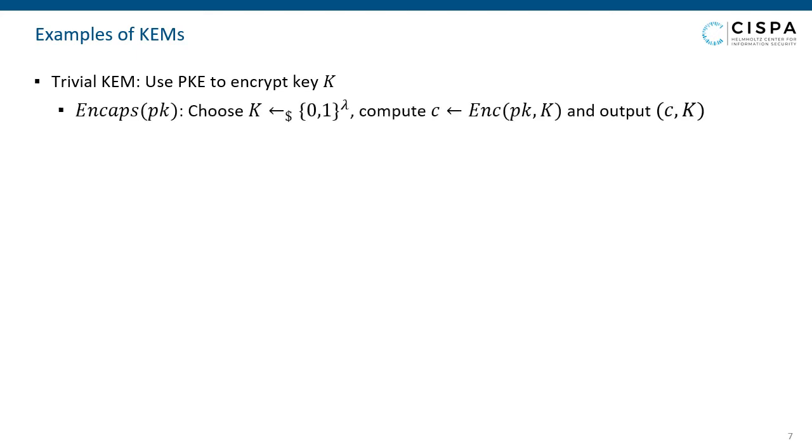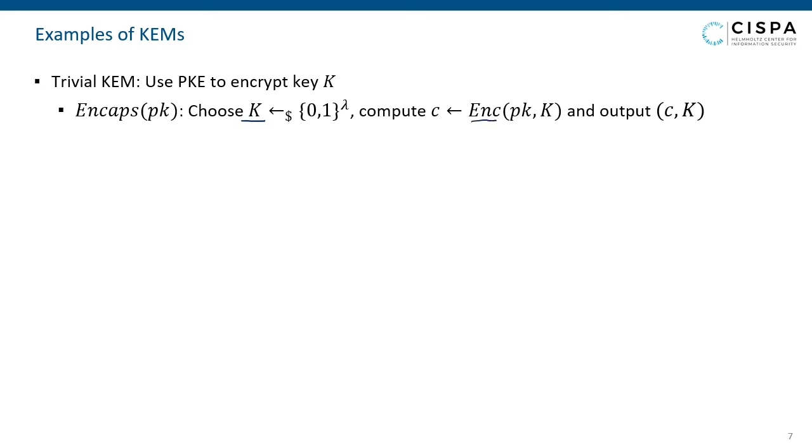Now that we have defined key encapsulation mechanisms, let's briefly look at two examples. First, of course, there's the trivial KEM, where we just use a public key encryption scheme to encrypt a randomly chosen key K. So key generation for this KEM is the same as for the underlying public key encryption scheme, and we encapsulate a key K by just choosing K uniformly random from 0,1 to the security parameter and encrypting it under the public key encryption scheme.